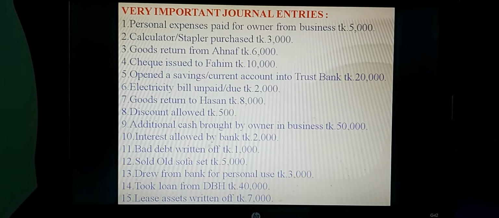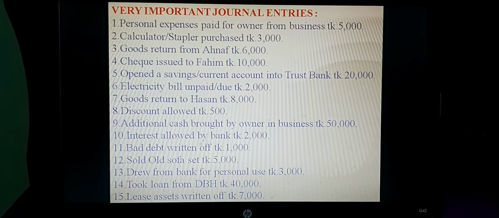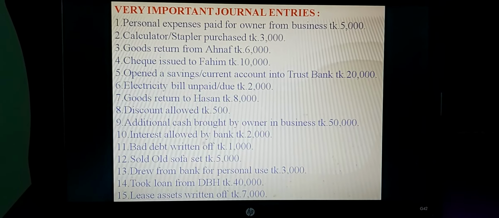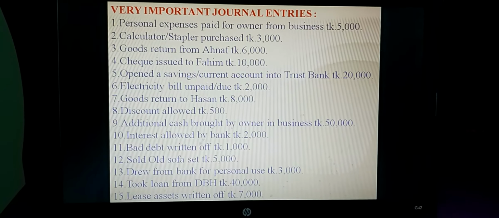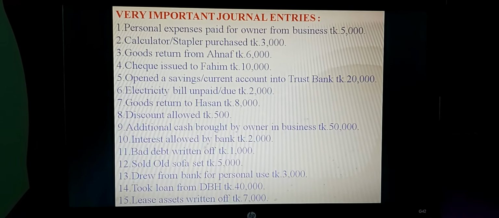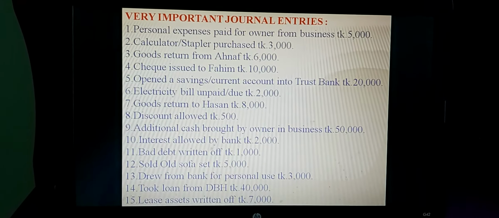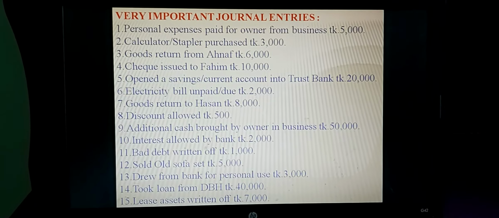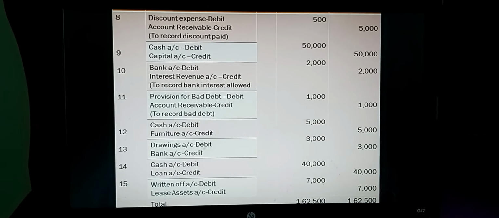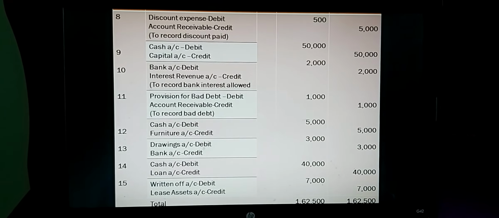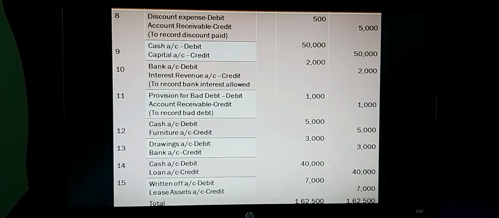Cash account debit, furniture account credit for taka 5,000. Short explanation to record old sofa set sold. You can match your answer. Okay, number 12, cash account debit, furniture account credit for taka 5,000.